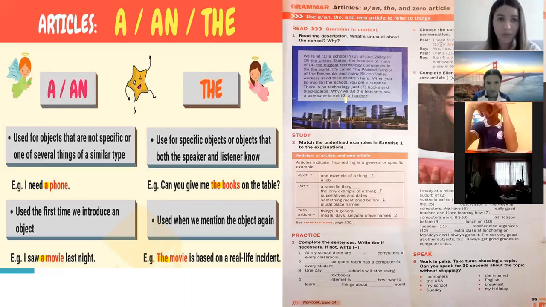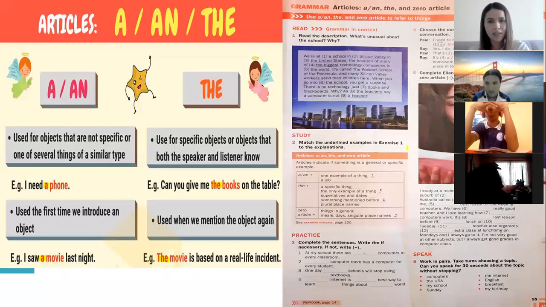Do you want to study there in this school? This is a big school in Silicon Valley. Awesome. Okay, you must underline an example in exercise 1 to the explanation.